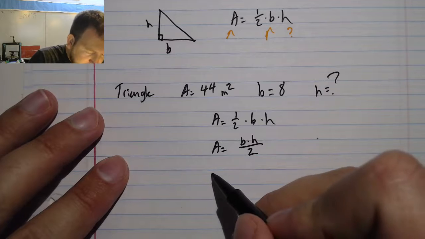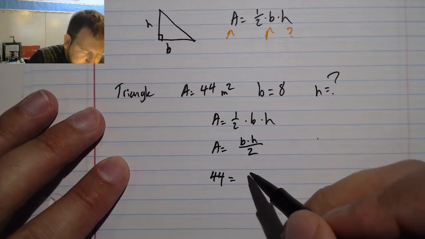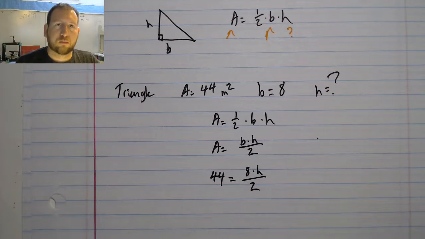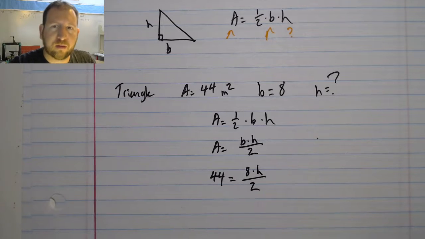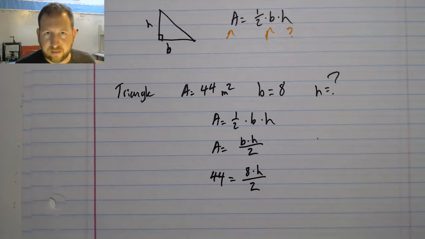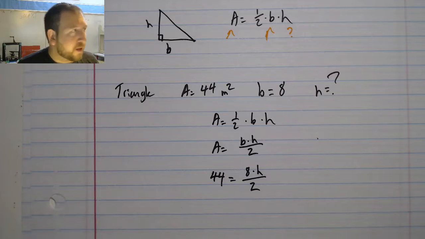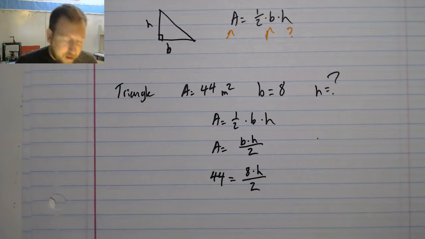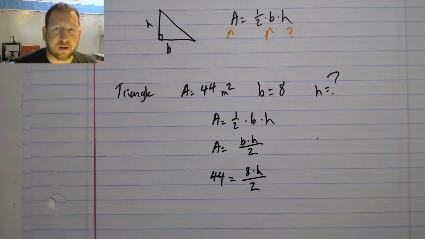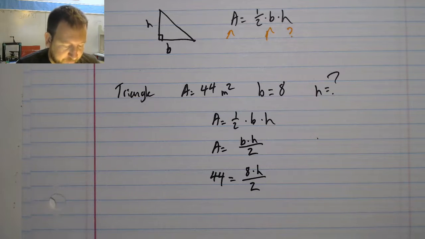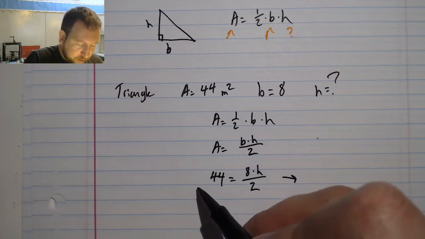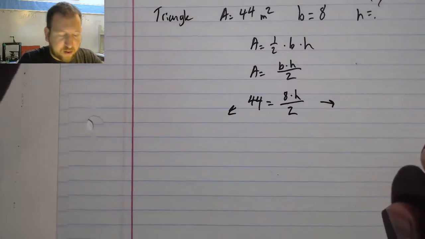I'm going to plug this in, and we're going to work on it using some algebra. My area is 44, so 44 equals 8 times h over 2. This isn't super bad, because I have two options. My first option is that I can multiply both sides of the equation by 2 in order to get rid of this 2. Or I can just divide 8 by 2 and be done with that. Let's take a look at both ways to solve it, because it's good practice for our algebra.